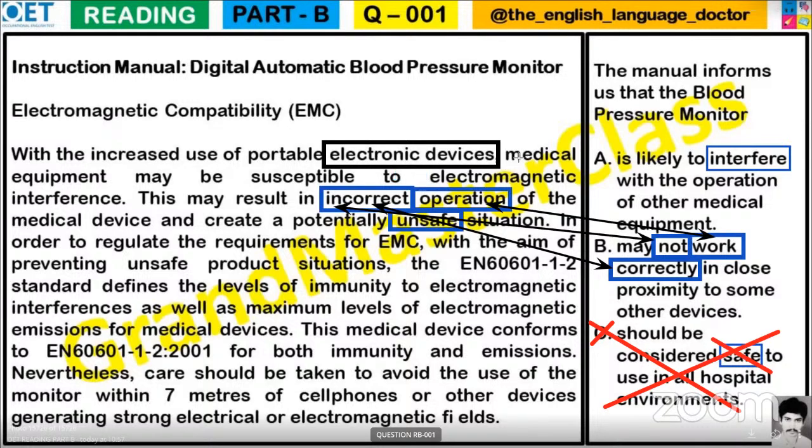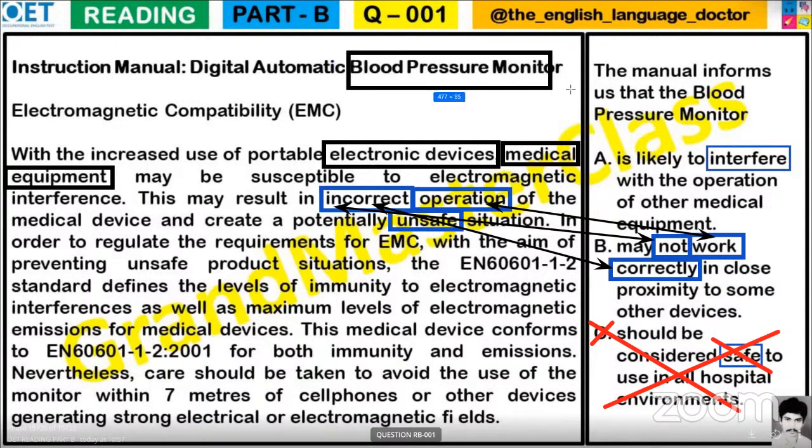And this is a medical equipment. So it is talking not about medical equipment but about other electronic devices. Medical equipment means, you know what are medical equipment. The blood pressure monitor is the one. The blood pressure monitor is already a medical equipment.